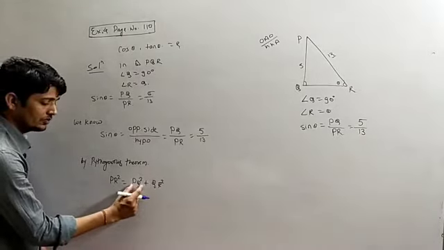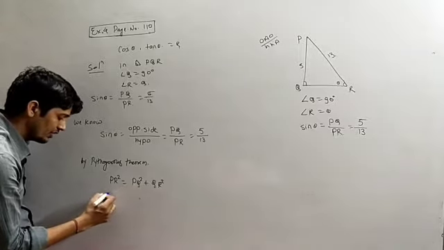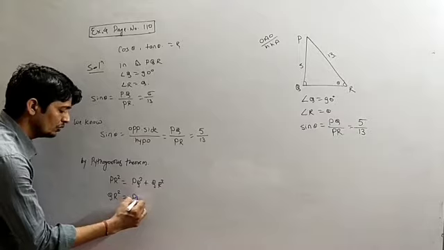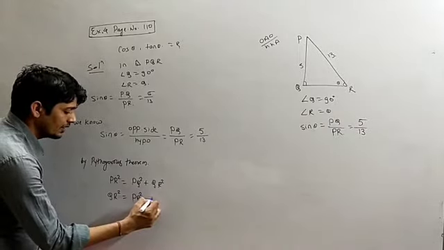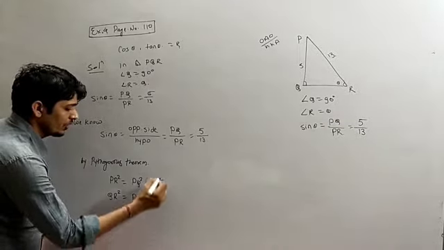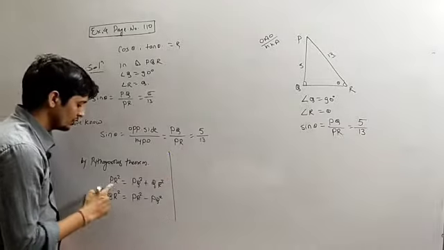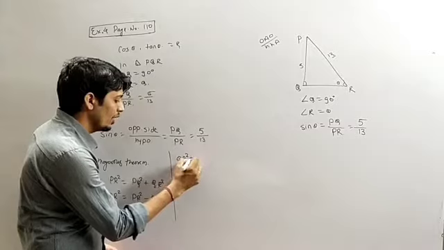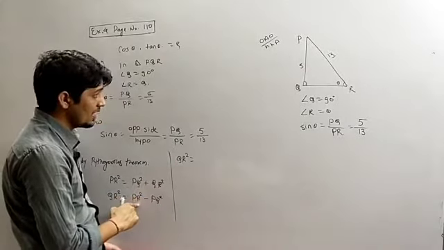We have to calculate the value for QR, so we transfer this to the other side. We can write QR square equals PR square minus PQ square. So QR square equals, what is PR?